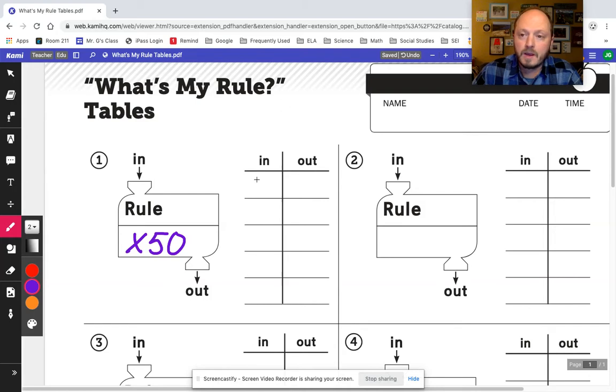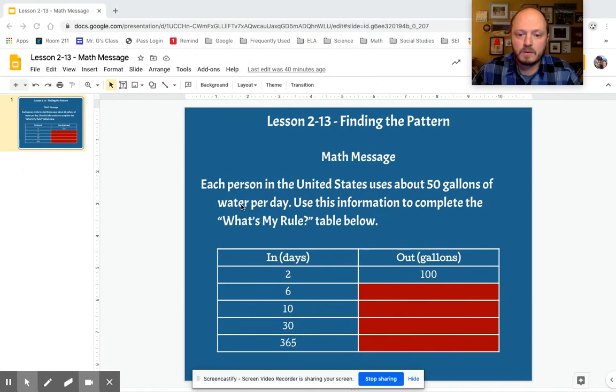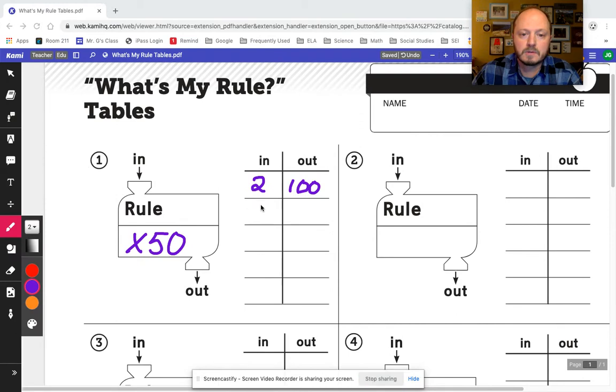So 1 day 50, 2 days 100, and 6 days, I believe, was the next one, right? So 6 days is 6 times 50.